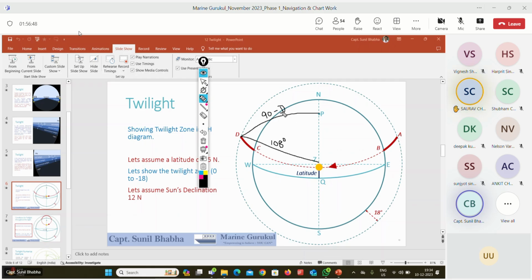Okay, beta. So erasing it now. ZD is 90 plus 18 degrees. That's right, beta, because this belt is 18 degrees. Z to C was 90, and 18 gets added to it. It becomes 108.